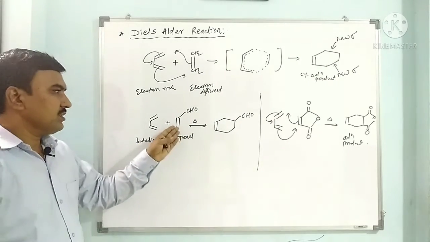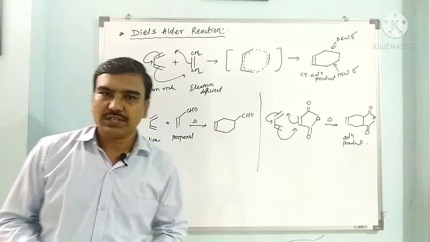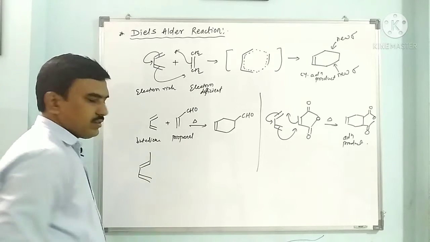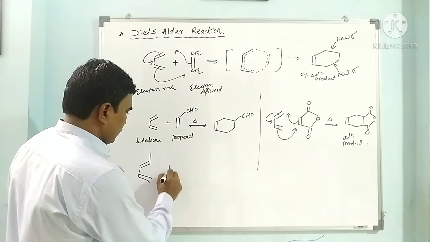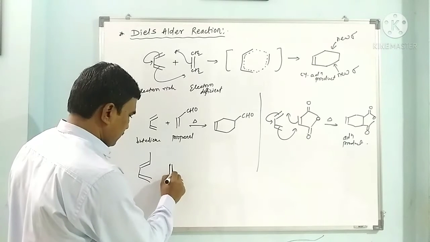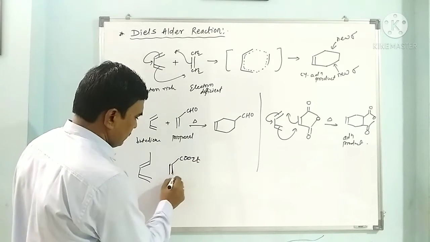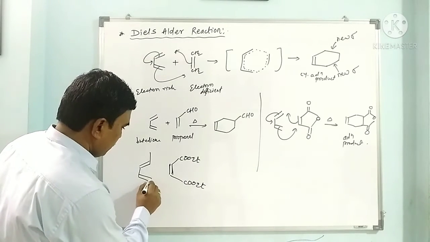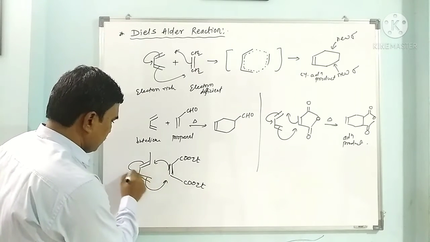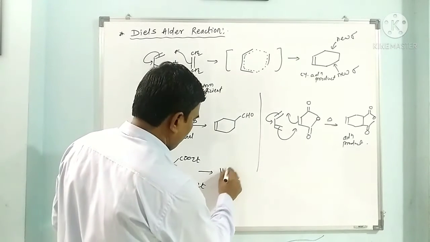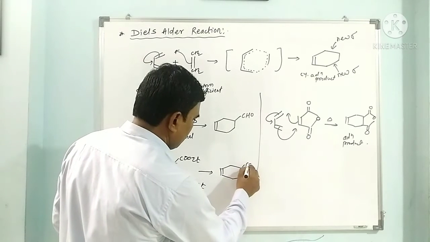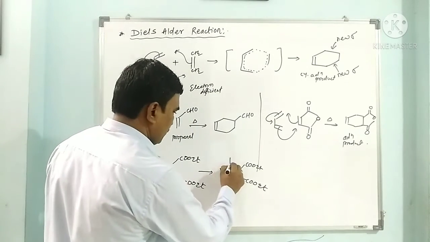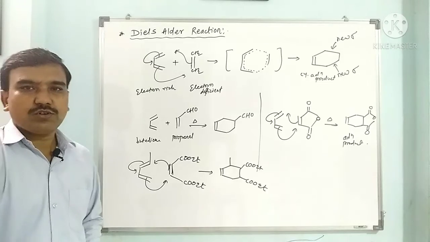Instead of this alkene, we can have different types of alkenes, such as when we have this methyl butadiene, this reacts with COOEt, COOEt double bond. So here we can get this product. This is COOEt, COOEt, and here there is a methyl group. So in this way cyclic addition product we can get.